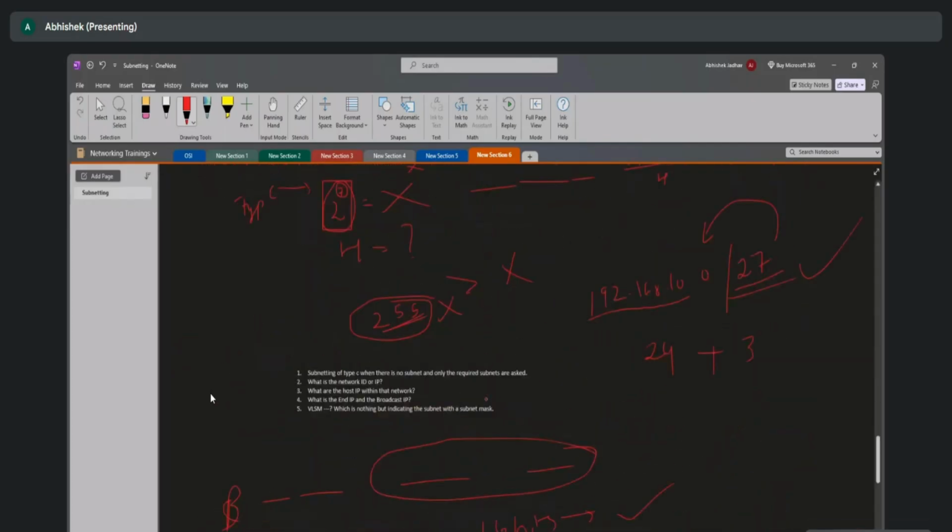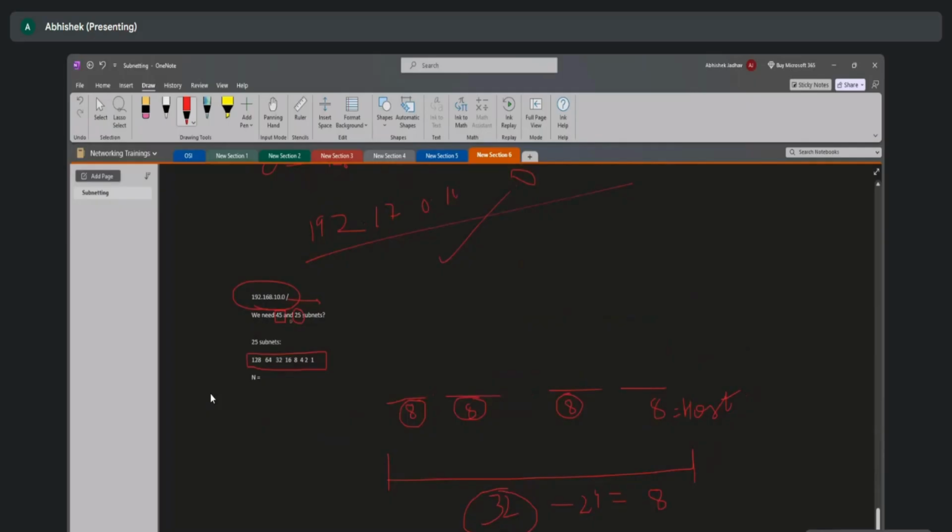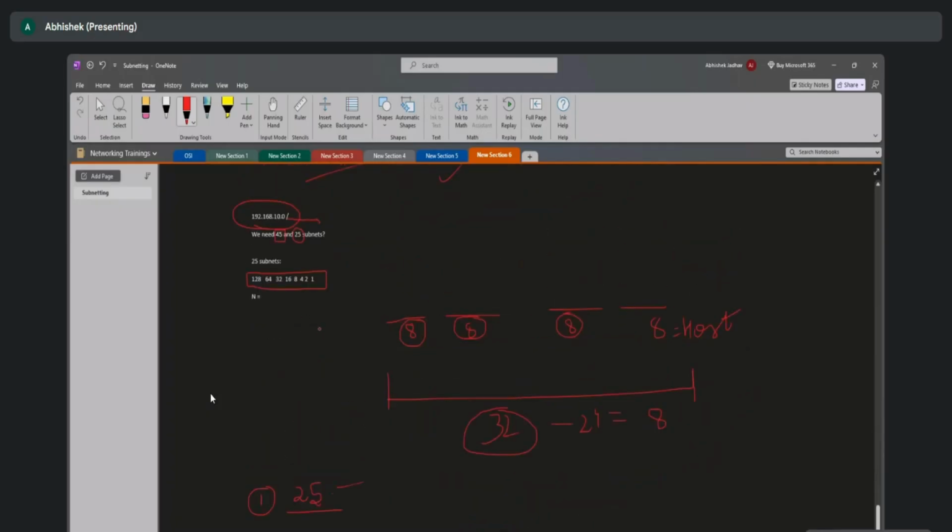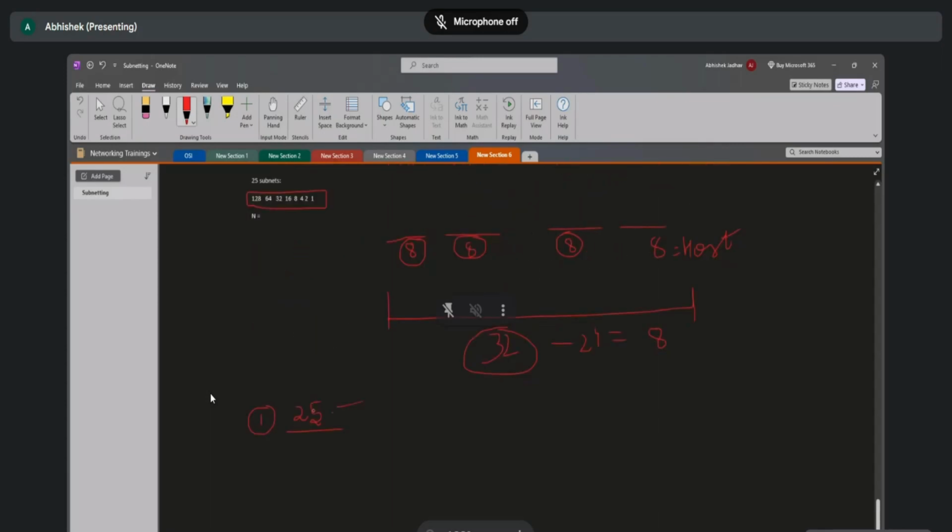But when the questions are asked like 25 or 45, you have to look at the value above this number, because it doesn't fall into the 2 to the power of table. So what is the value above 25 here? 32, right?